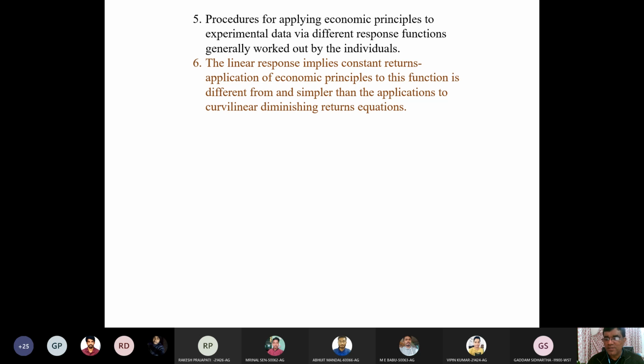However, in a linear relationship, the response is the same, so economic calculation is very easy. But in a curvilinear relationship, the response varies. At your first level, second level, third level, fifth level of input, the response may not be the same. So here some mathematics is used to get a common response across different levels of the input.